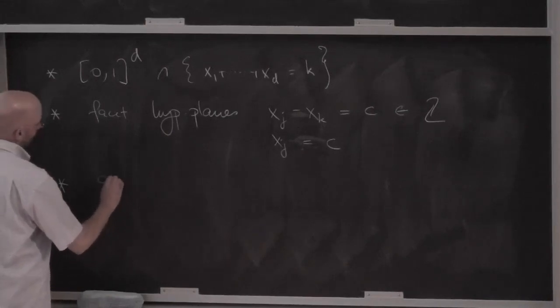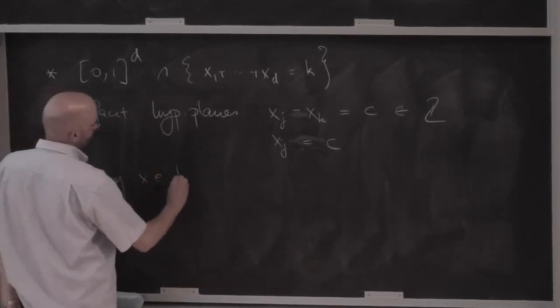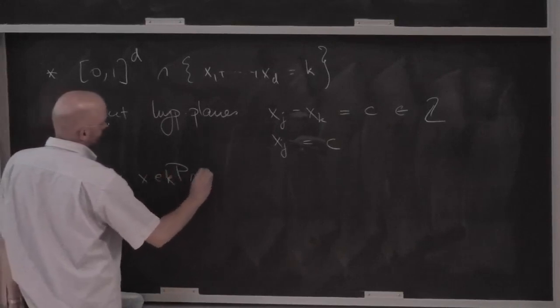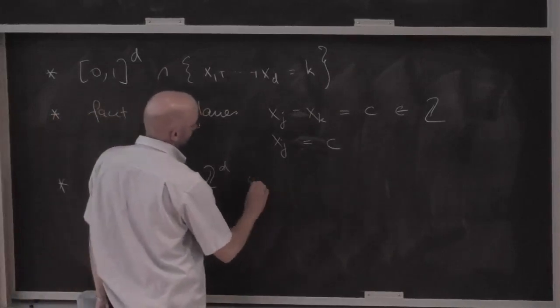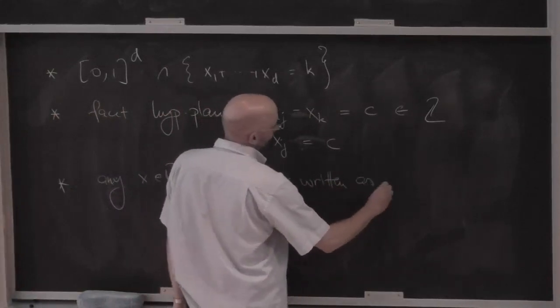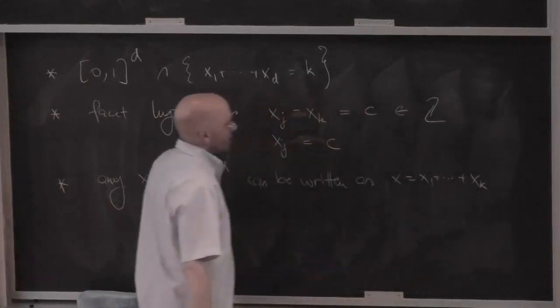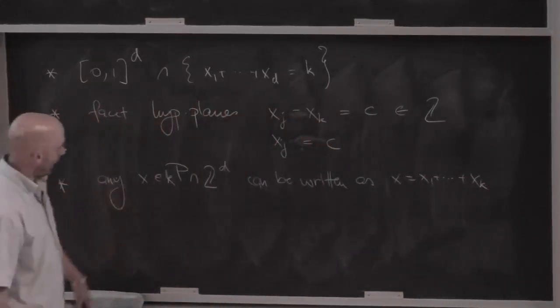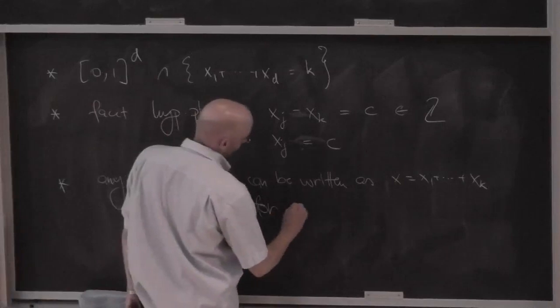It's a property that any integer point in k times your polytope can be written as a sum of k integer points in the original polytope.